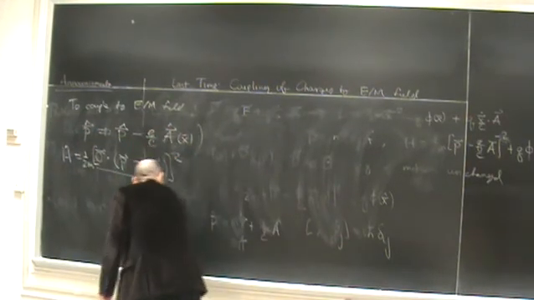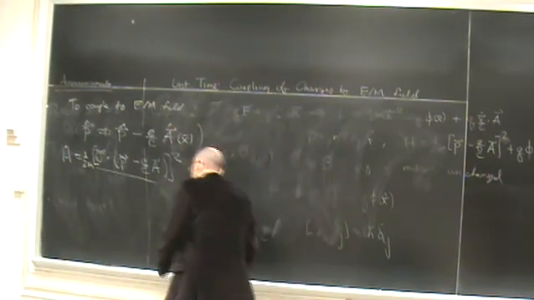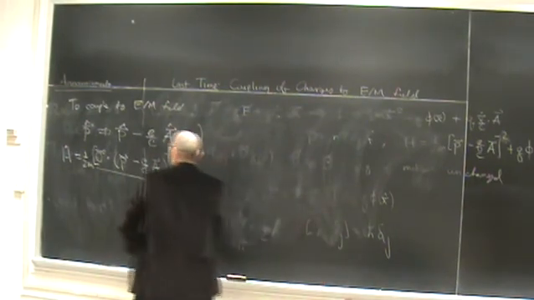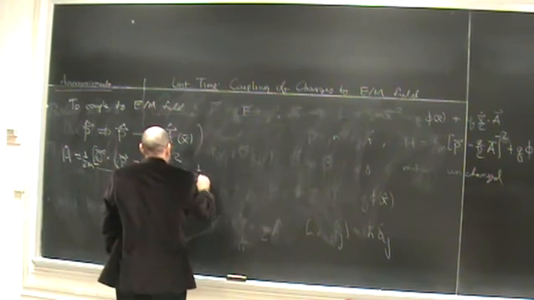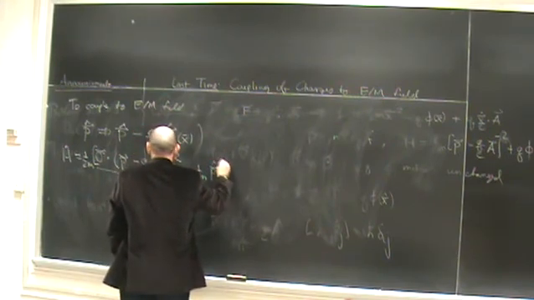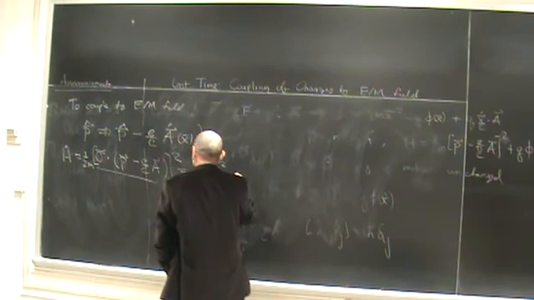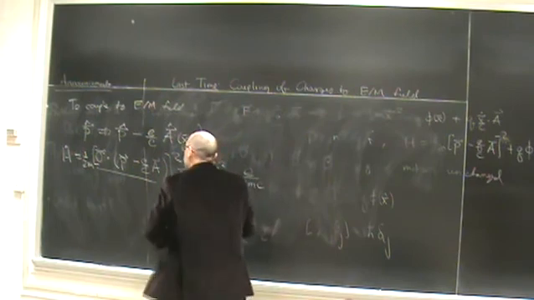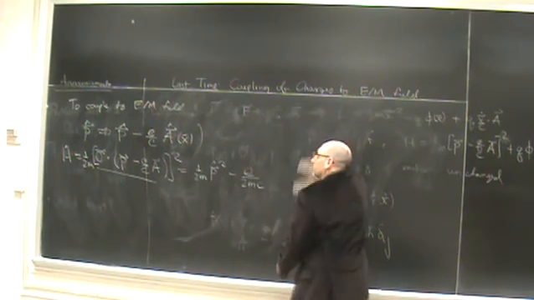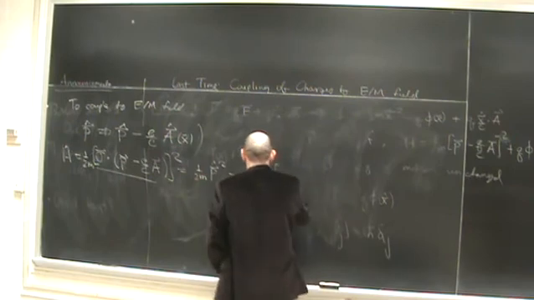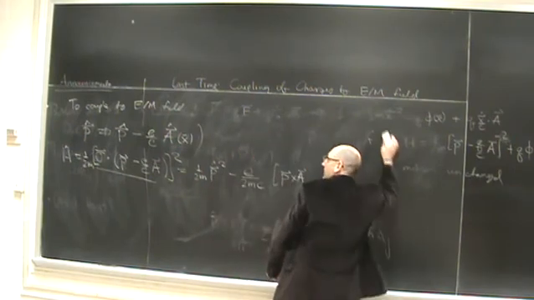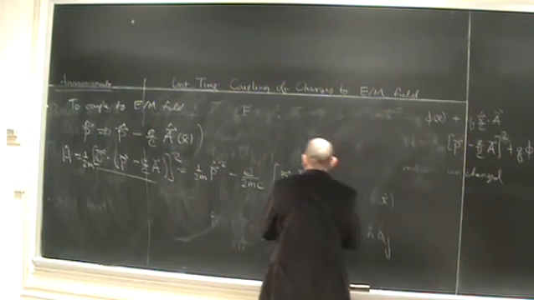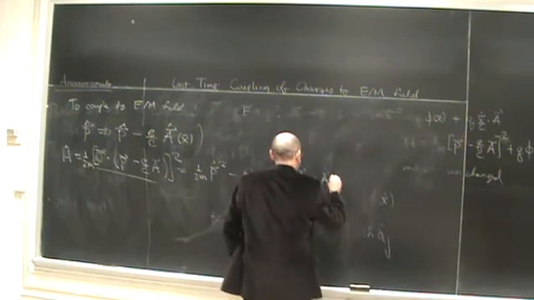So this becomes, using that exact same algebra, minus e over 2mc, sigma dotted into (P cross A plus A cross P).